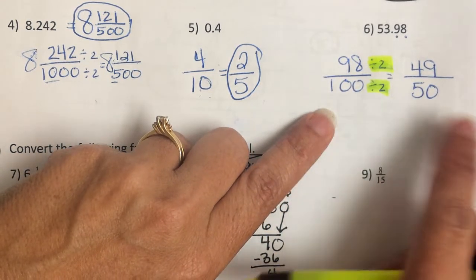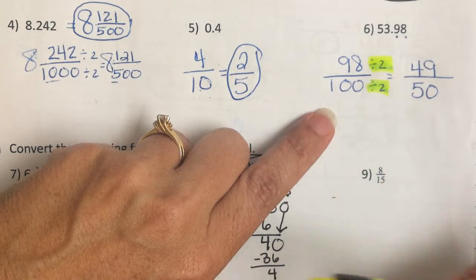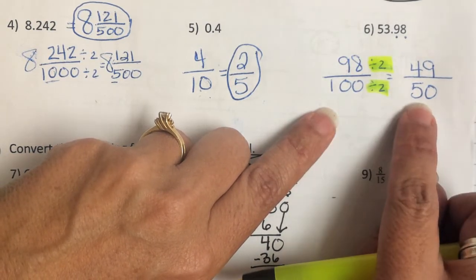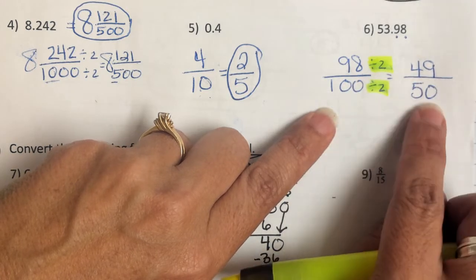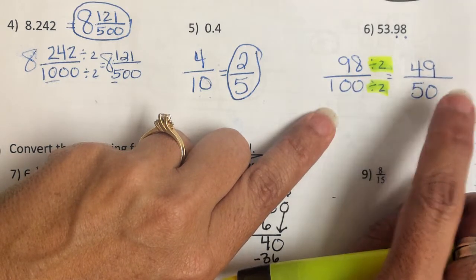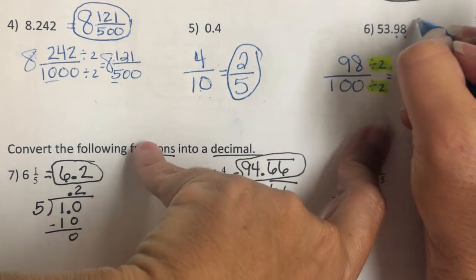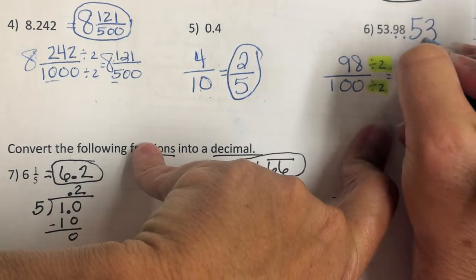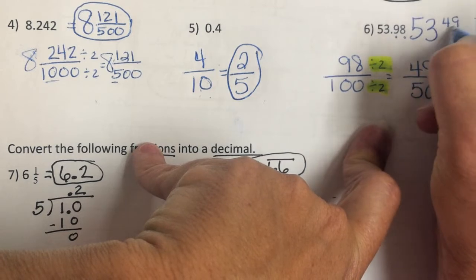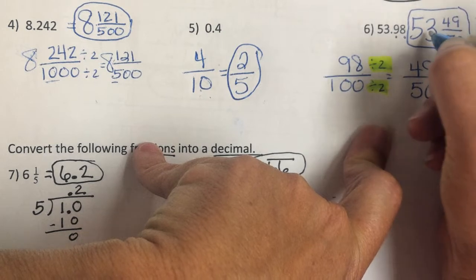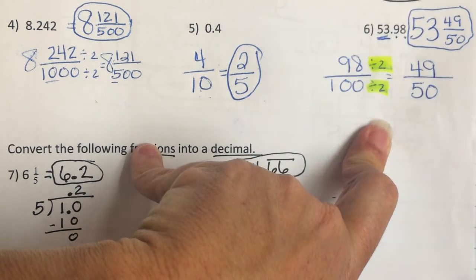You can't do the bottom by 10 and the top by 2. Be very careful. If you do 2 on top, it has to be 2 on bottom. Now, go back and add in before you circle a final answer. My final answer should be 53 and 49 fiftieths. You got to make sure you add that 53 from the front back in.